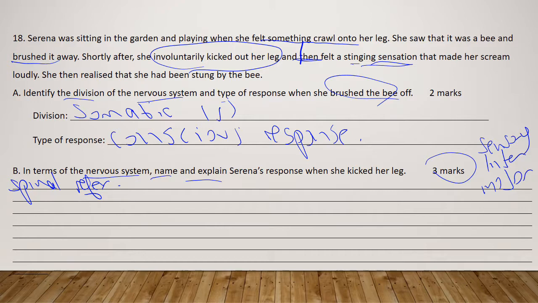Essentially what's going to happen is the sensory receptors in Serena's leg would detect the sting and then transfer the information to her sensory neurons. The sensory neurons will send a sensory message to the interneurons in the spinal cord in the central nervous system.